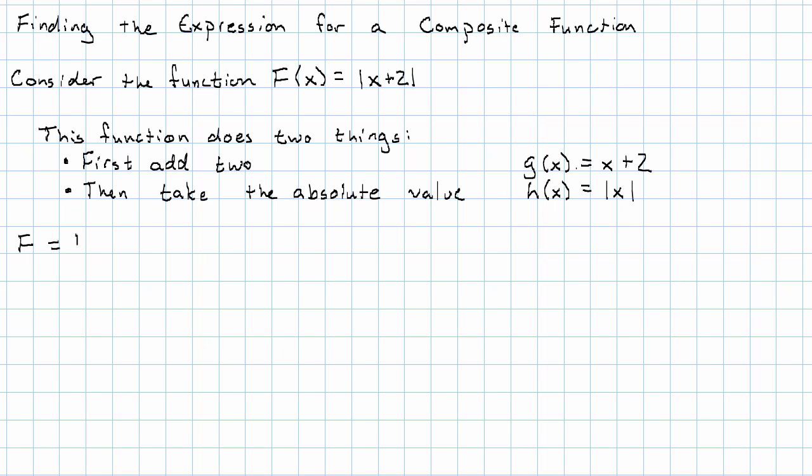So our function f is just h composed with g. Practically any function that we like, if it has more than one step to evaluate, if it has more than one operation, we can break it down in this way.